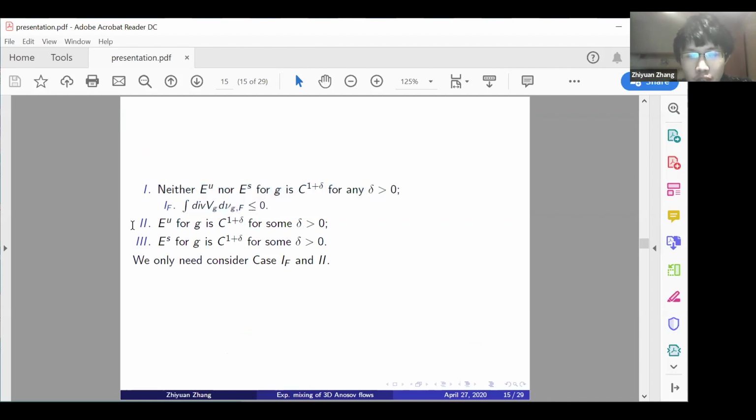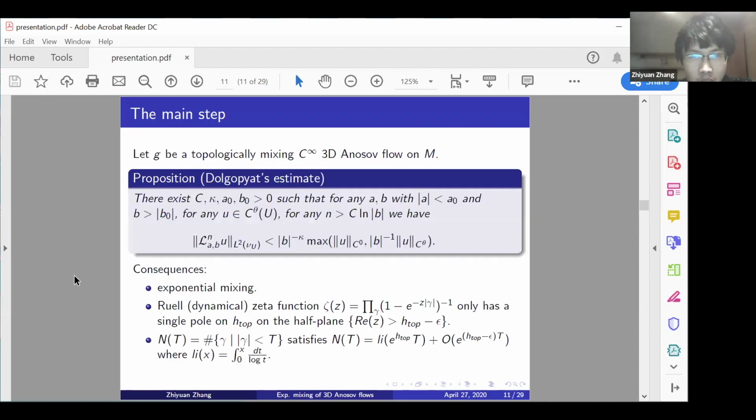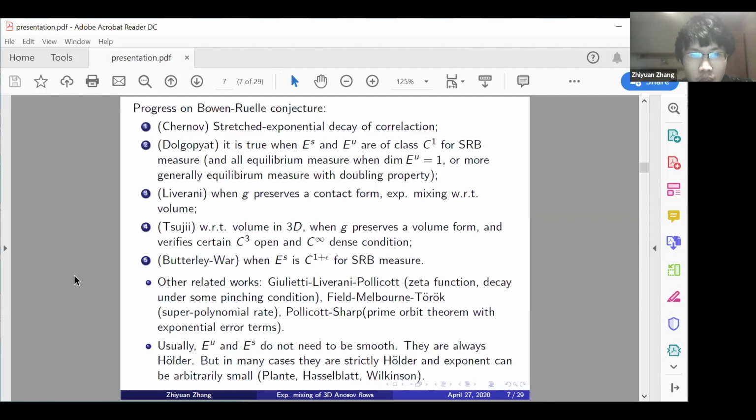For instance, if you don't care about the other equilibrium measures, and you just care about the SRB measure, then the proof for class 2 and 3 is already done by Bartley and Wu, under even more general conditions. In that case, they don't need to assume anything about the dimension.